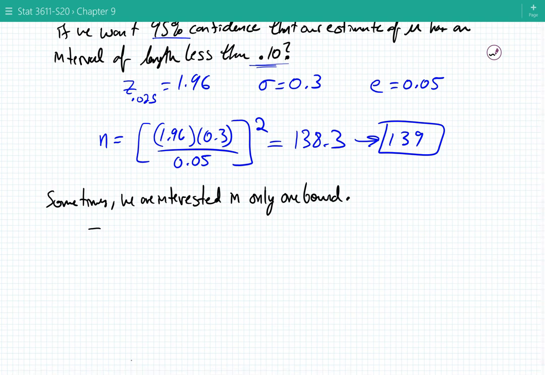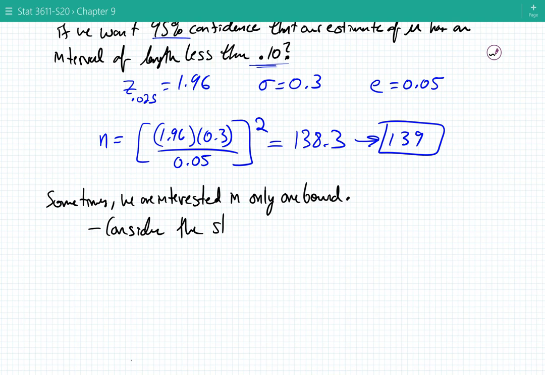Think about measuring the strength of some metal rod or metal component. Well, you might need an upper bound. You want an upper bound for the average strength, but you really wouldn't care about the lower bound in some sense, because you might need to be ensuring that it's at least a certain strength, right?